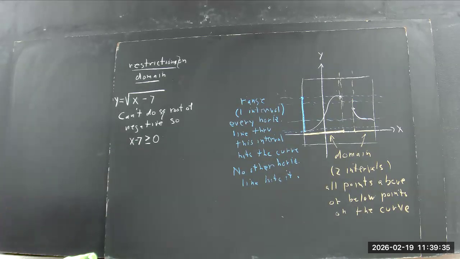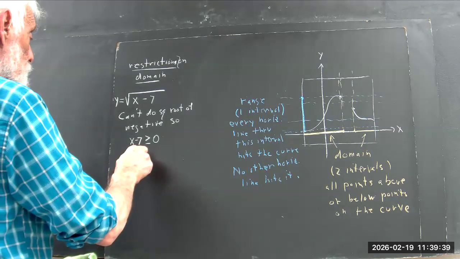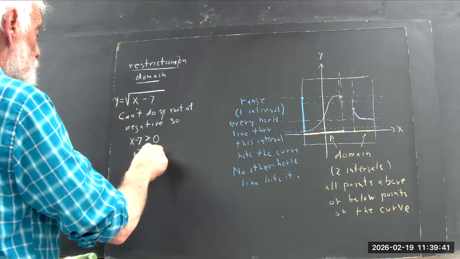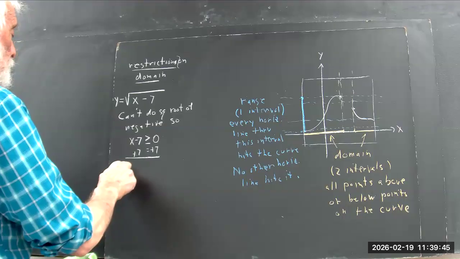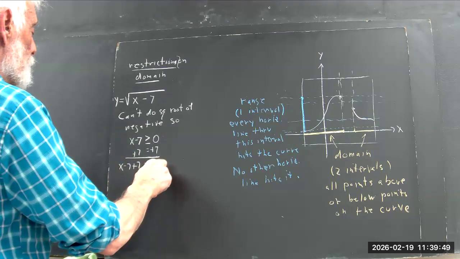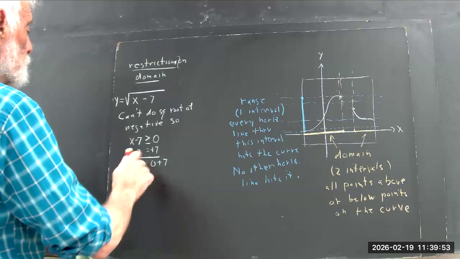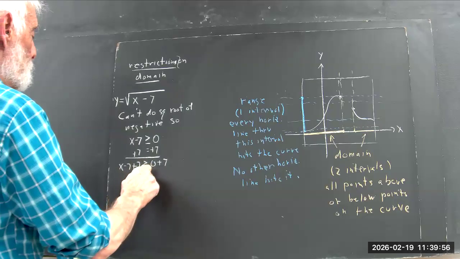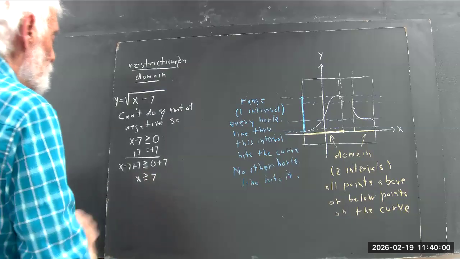Now, to solve the inequality, we just add 7 to both sides. Say you take plus 7 equals plus 7. And you add the left-hand side, you get x minus 7 plus 7, equals 0 plus 7. And that's not equal, it's greater than or equal. And you get x greater than or equal to 7.